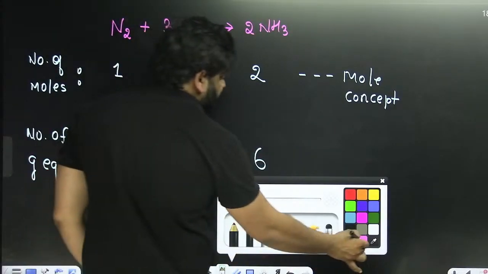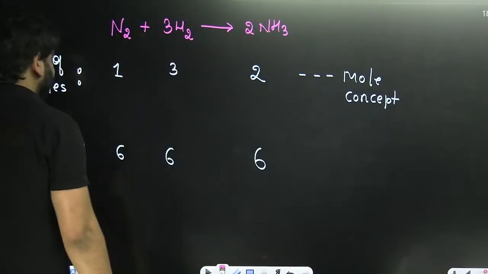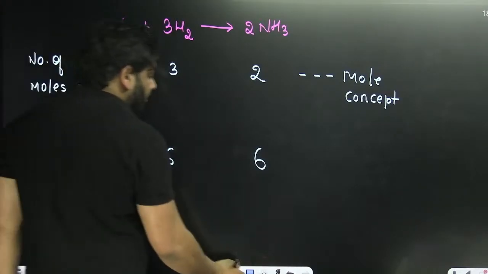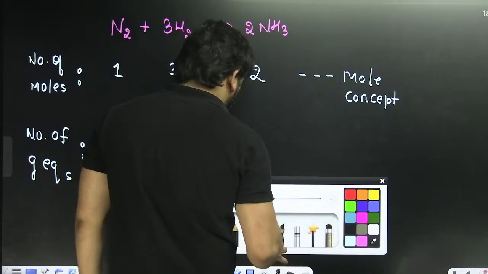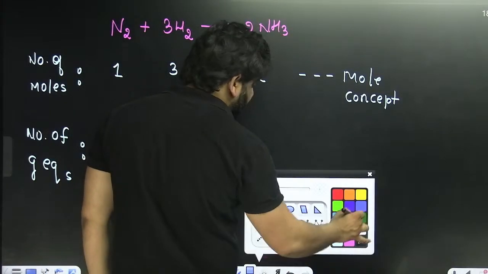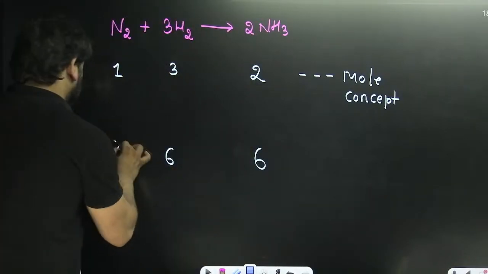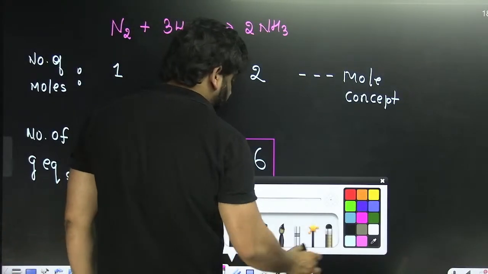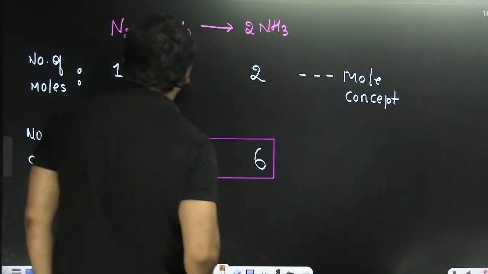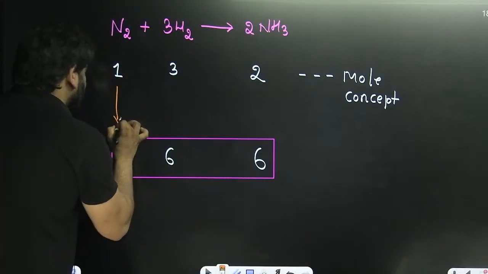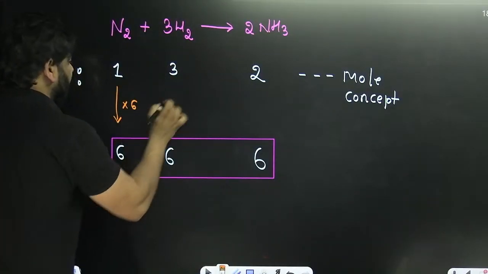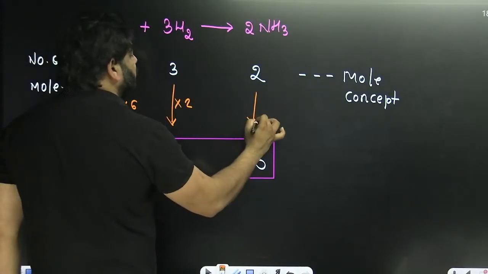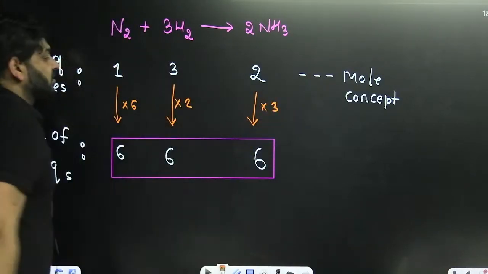Now this is a very amazing part: if we observe this, we find that the number of gram equivalents are equal, 6, 6, 6 and 6. Similarly, when 1 was multiplied by 6, it came 6. When 3 was multiplied by 2, we got 6. And when 2 was multiplied by 3, we got 6.